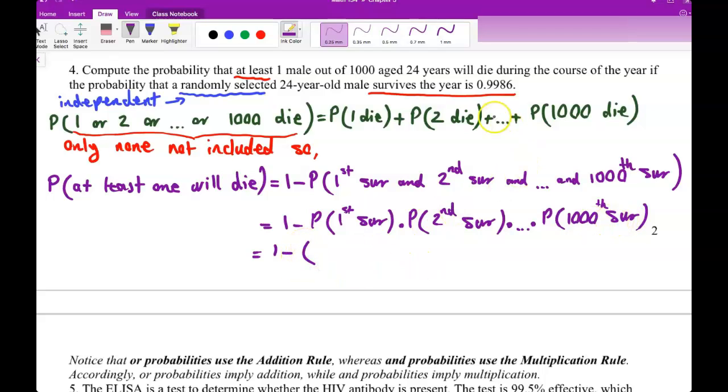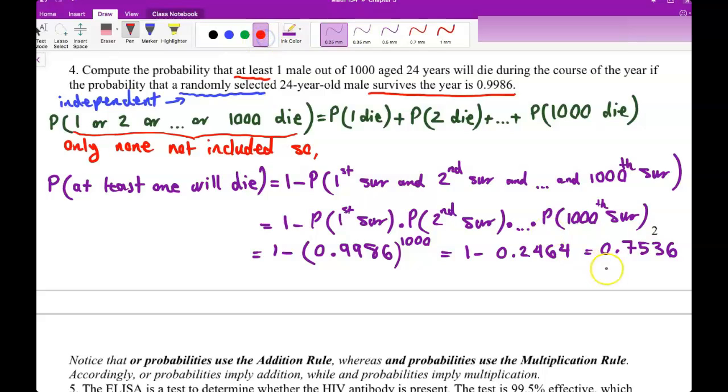The probability of survival is 0.9986, and how many times we should multiply this is 1000. That's why I'm using the power on top, and that is equal to 1 minus 0.2464. And the answer is 0.7536. So this is the probability that at least one will die.